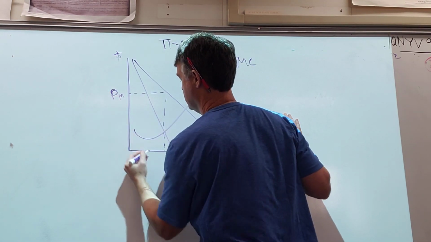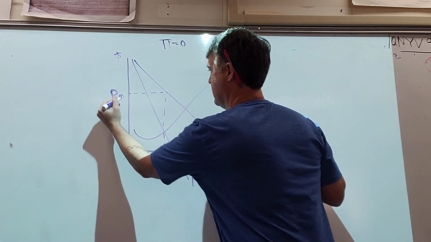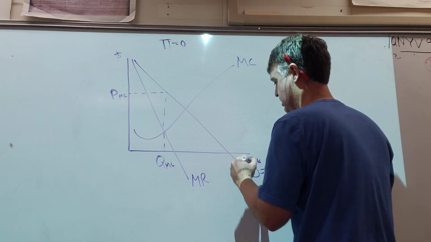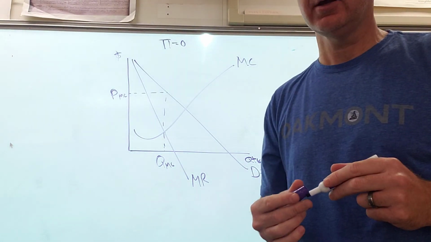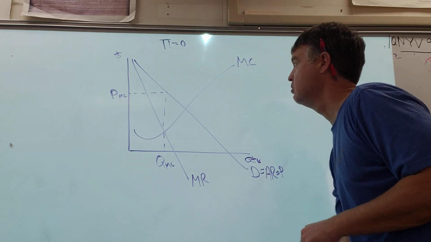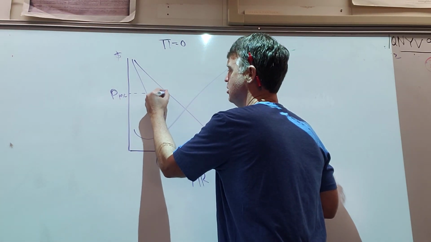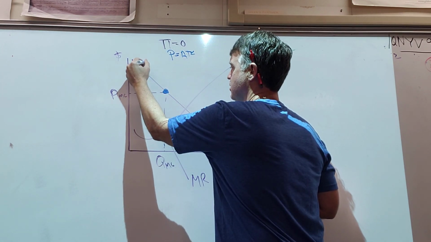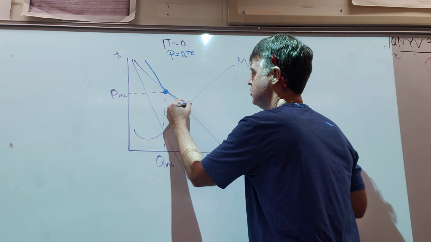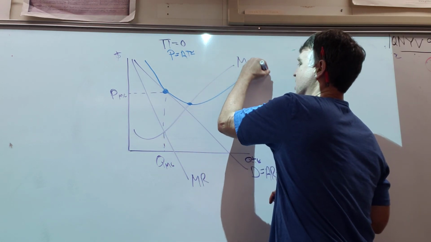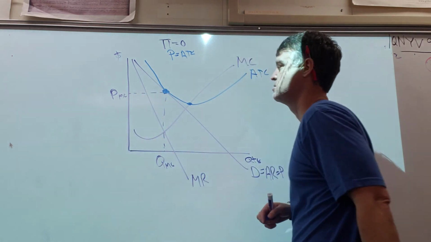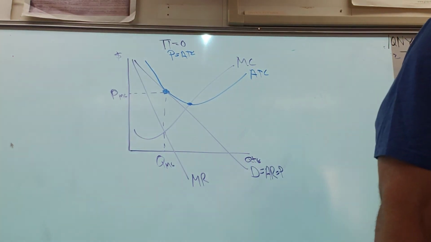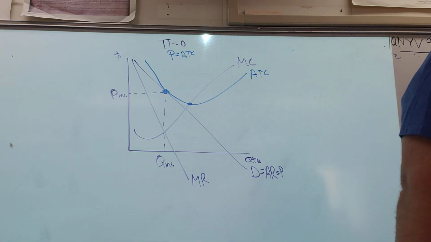It doesn't tell me how to label it, so that's fine. Now in the long run, profit equals 0, so P has to equal ATC at this point. That's a minimum, and back up. Now there's my ATC curve. In the long run, P equals ATC, so there is no profit. That's what D looks like.